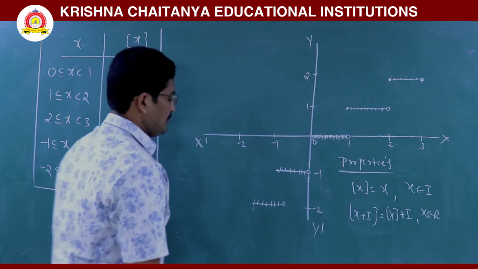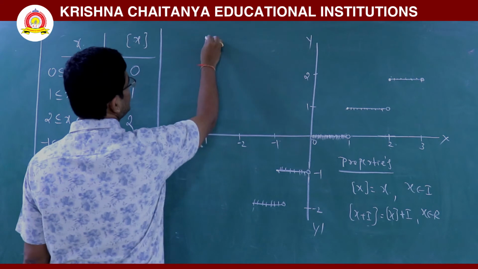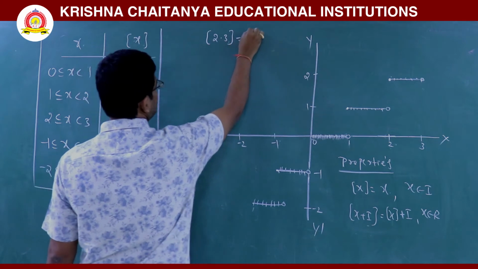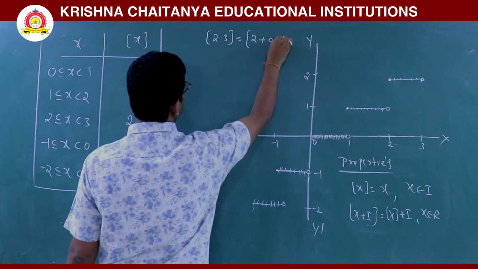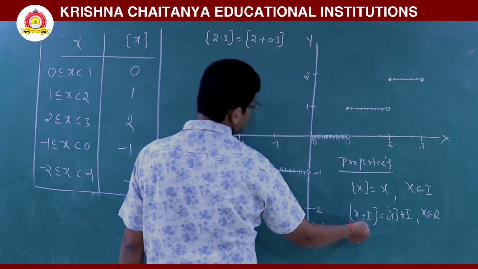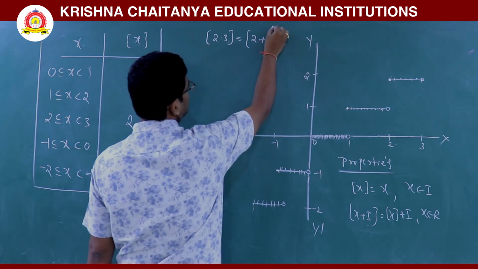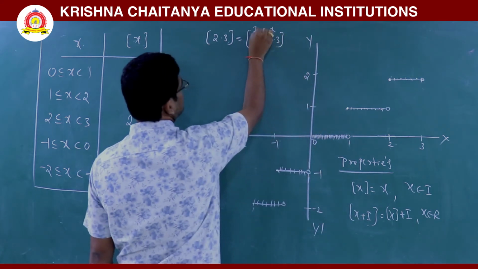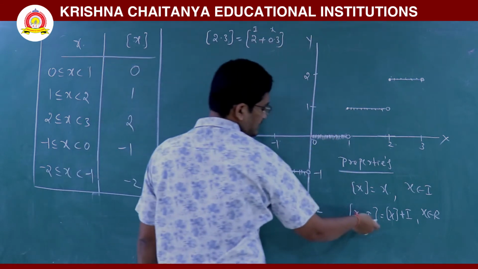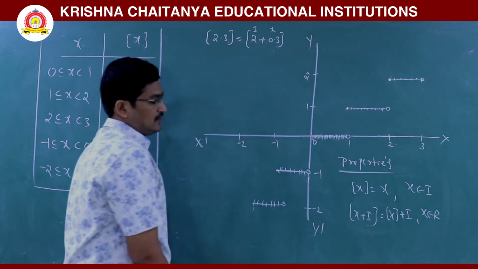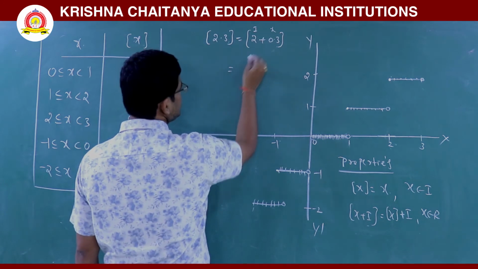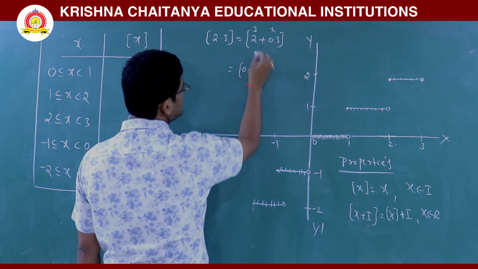Suppose you take 2.3. Step of 2.3 can be written as step of 2 plus 0.3. Here 2 is the integer and 0.3 is the real part. So step of 0.3 plus 2.